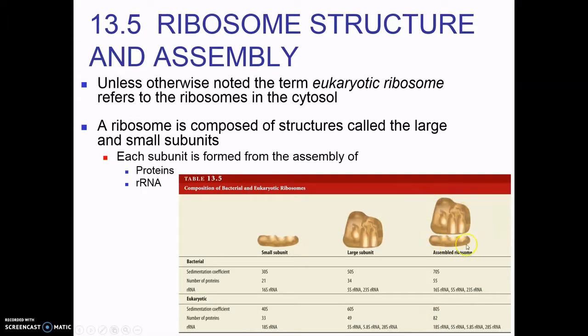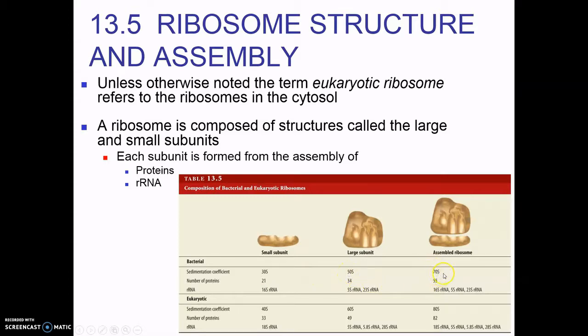The completely assembled ribosome is oftentimes referred to when we make a distinction between bacterial and eukaryotic. So this will be the 70S subunit, or the 70S ribosome, and the 80S in eukaryotes. Now you may be wondering, well, this is 70, isn't 30 plus 50 80?